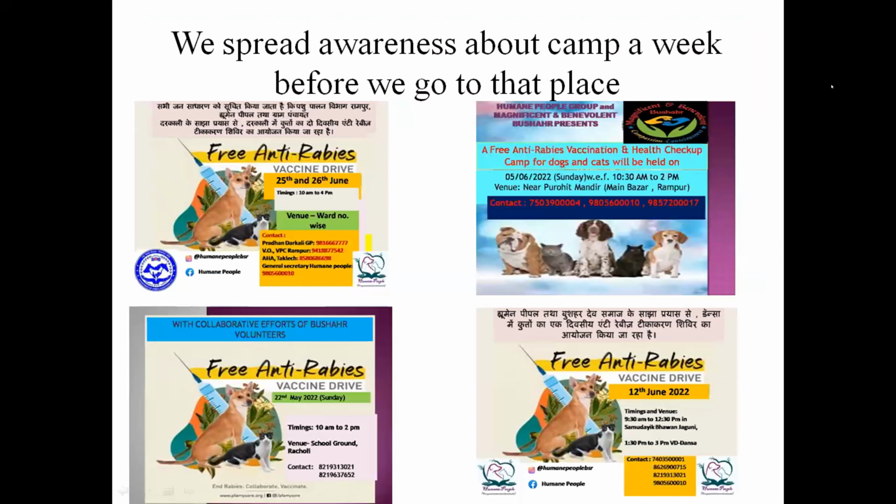Whenever we have some static point or campaign, we put some posters like this on social media, on the page handle, on the government WhatsApp groups, so that everyone in that area gets to know कि vaccination इस area में होनी है.